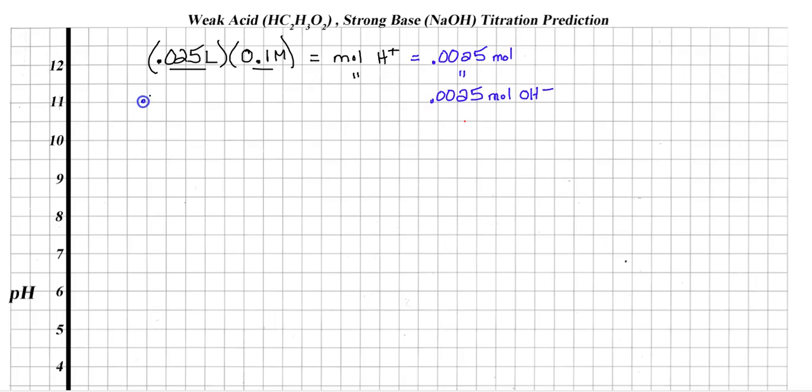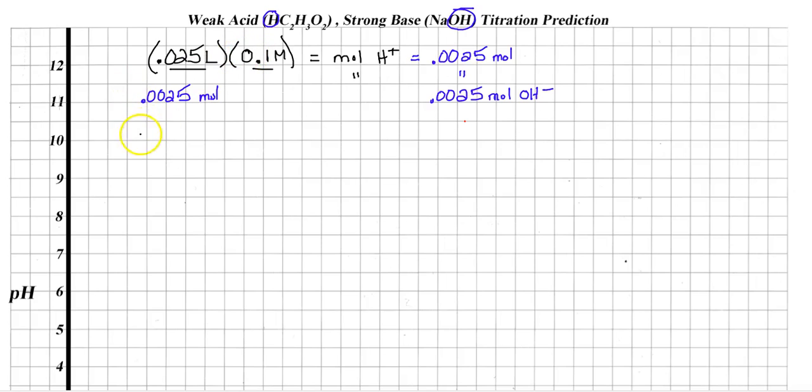And knowing that it's 0.0025 moles of my hydroxide, which is going to be matched in this titration, right? The hydroxide from the strong base is going to stoichiometrically match up with the H plus. This is pure stoichiometry here, a 1-to-1 ratio.